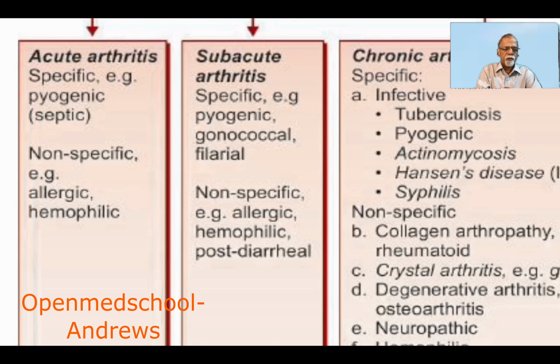Acute, the important ones we have already mentioned, the pyogenic abscess or the septic arthritis, and sometimes hemophilia can also produce a sudden onset of bleeding into the joint. Subacute arthritis, we can get reactive arthritis, that's the post-diarrheal, or gonococcal arthritis, bilateral.